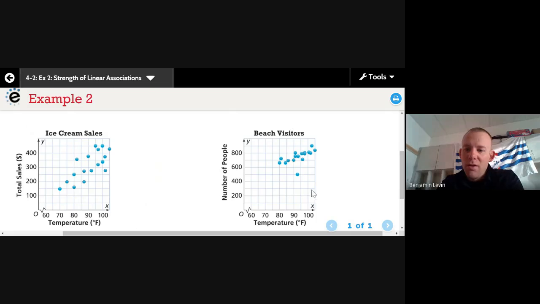That's what you would expect. You can see that as we are going up on the temperature, we are getting more people visiting the beach. Okay? So there is a trend line that you could draw, kind of right here. The higher the temperature, the more people go to the beach, obviously.